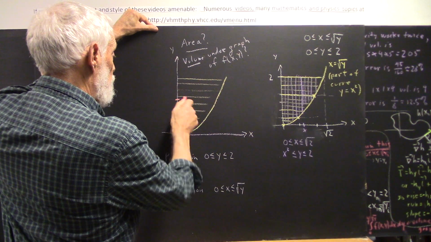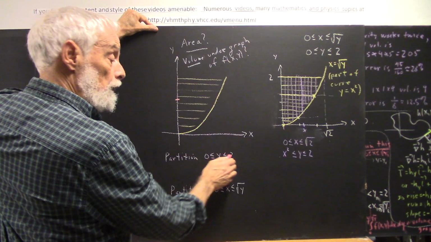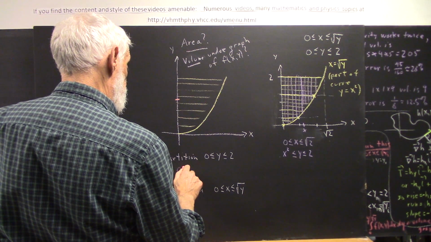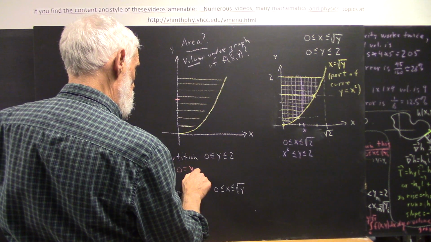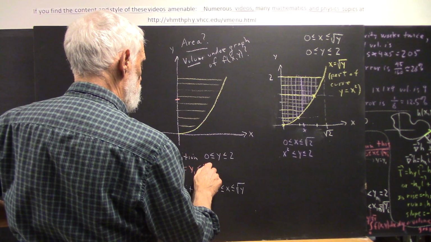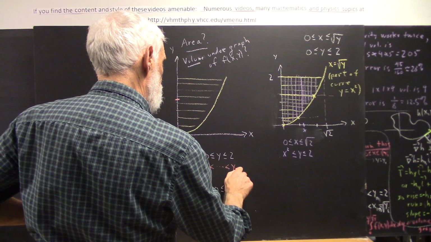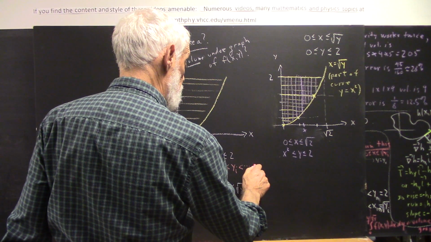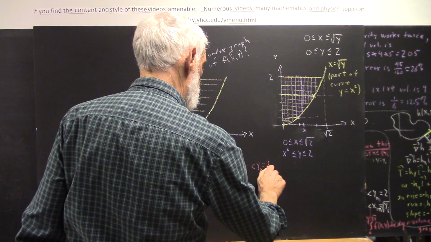So what we do is a partition of the interval from y equals 0 to 2 is just 0 equals y0, which is less than y1, less than y2, less than, and so forth, less than some arbitrary index, y sub I, and then that's less than y sub n, which equals 2.